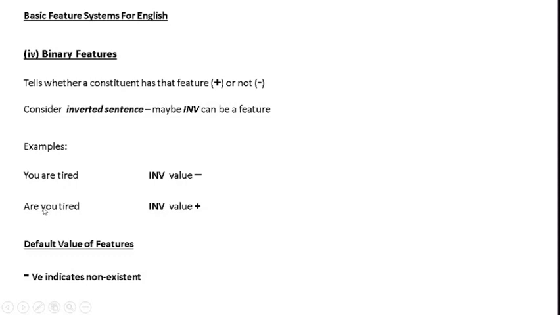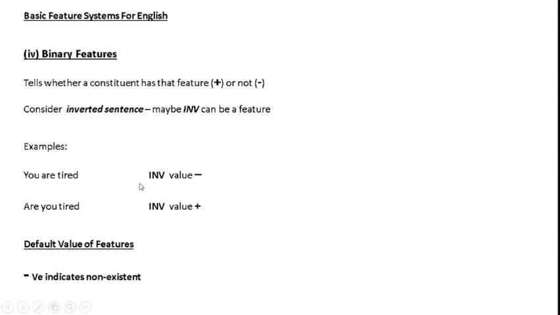But if you consider this sentence, are you tired? Here the verb is coming before the subject, right? The subject is you and the verb is are. So the inversion feature is present in this sentence. This sentence is inverted, and so the INV feature value for this sentence is positive.